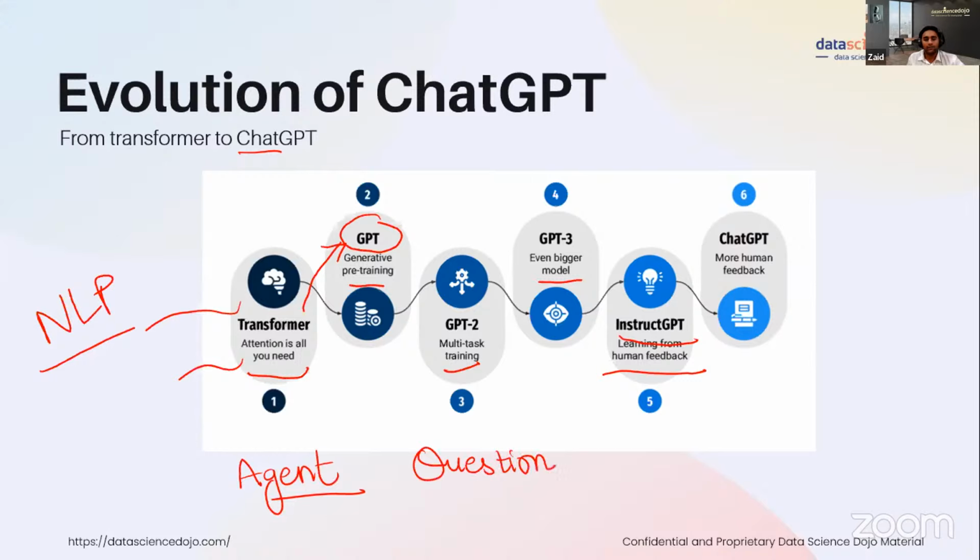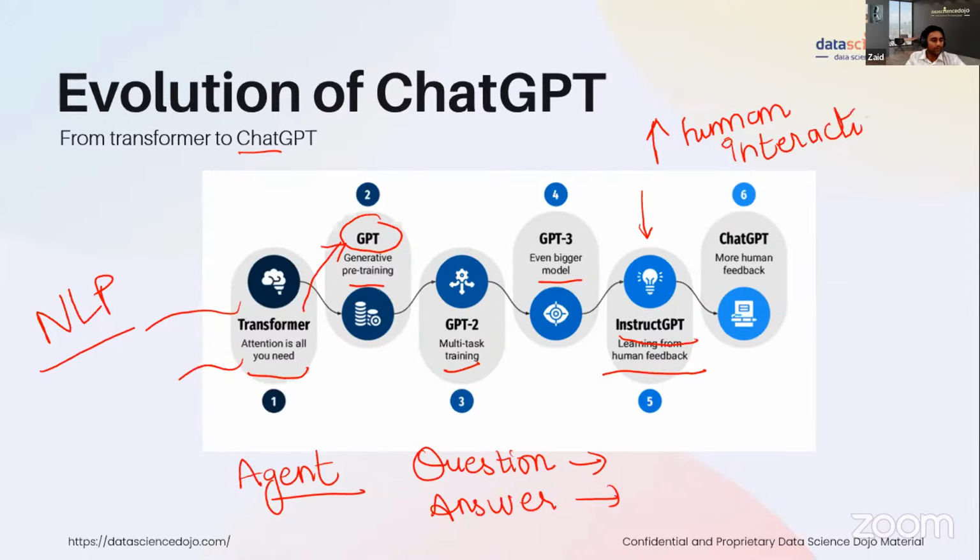So how does this pre-training work? We have provided a question along with the answer to this question. In this manner, Instruct GPT increased the human interaction, and we were able to communicate with these chatbots easily.